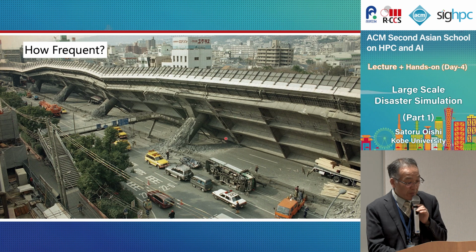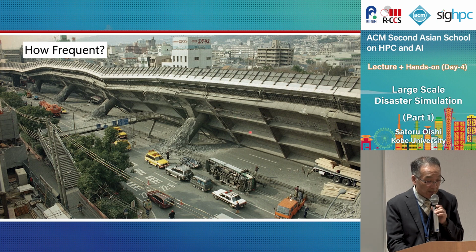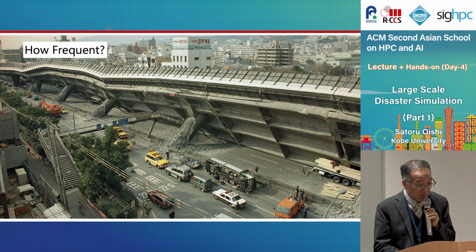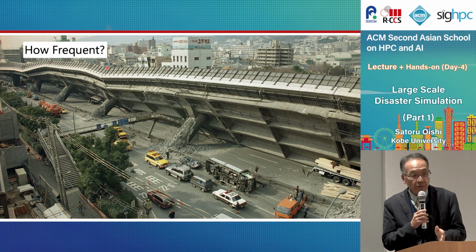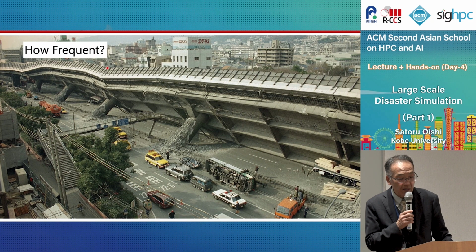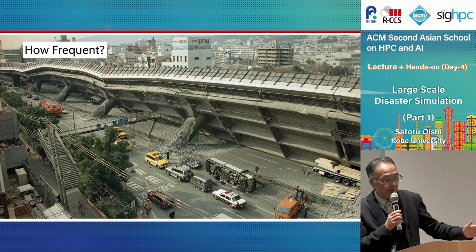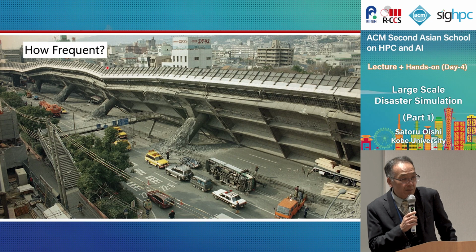And more than 6,000 people were killed by the earthquake and the following fires. But this is the 31st year after 1995. During these 30 years, we have not had any earthquake-related disaster in Kobe.